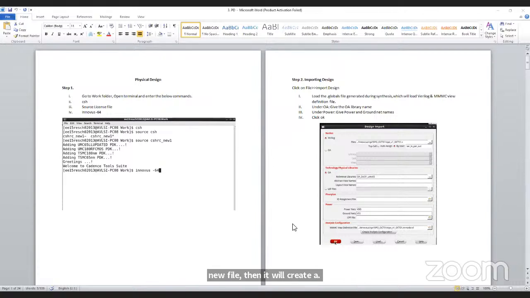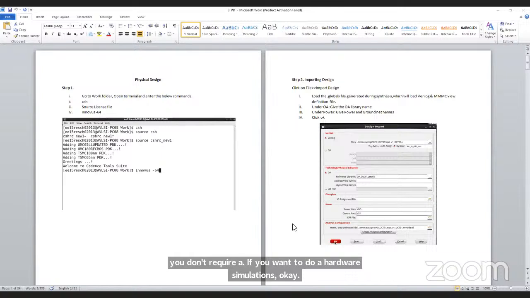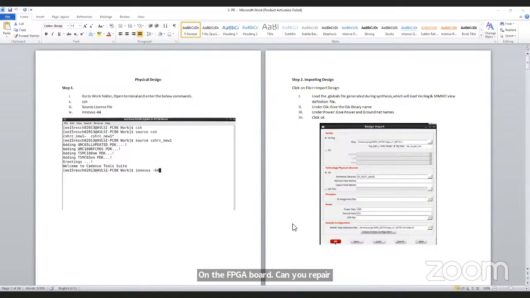The bitstream file is mainly used to download the data to the FPGA board. If you are doing software simulations, you don't require a bitstream file. If you want to do hardware implementation on the FPGA board, then you require a bitstream file. Janavi, is it clear?